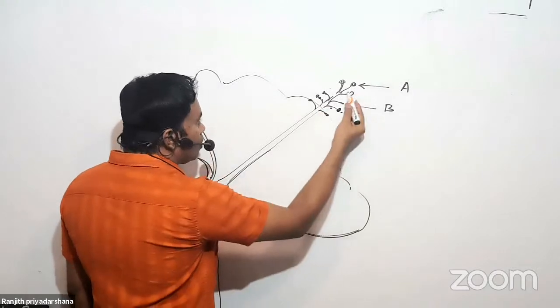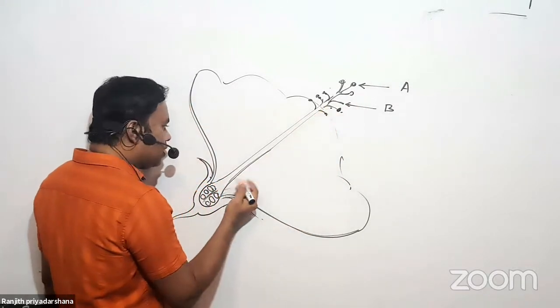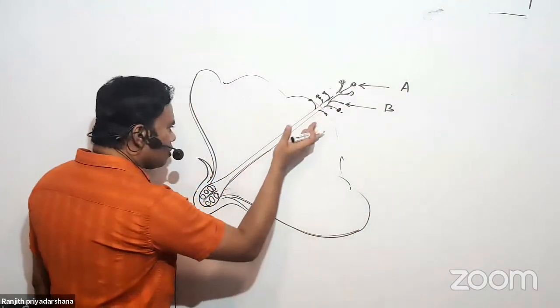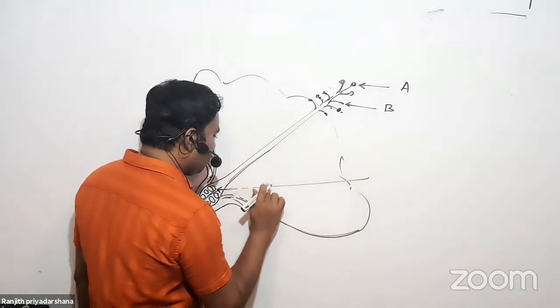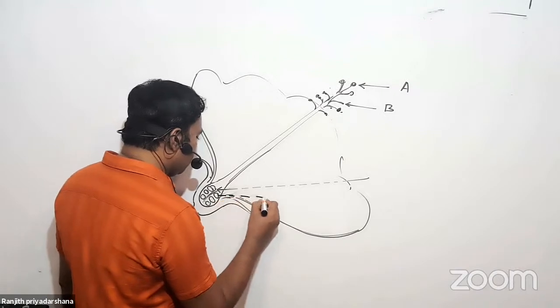There is a gynoecium part. A gynoecium part contains this stigma, style, this ovary part, and you can see these ovules inside.